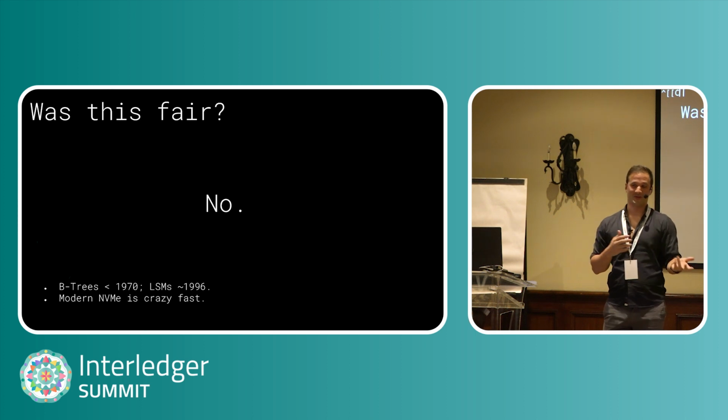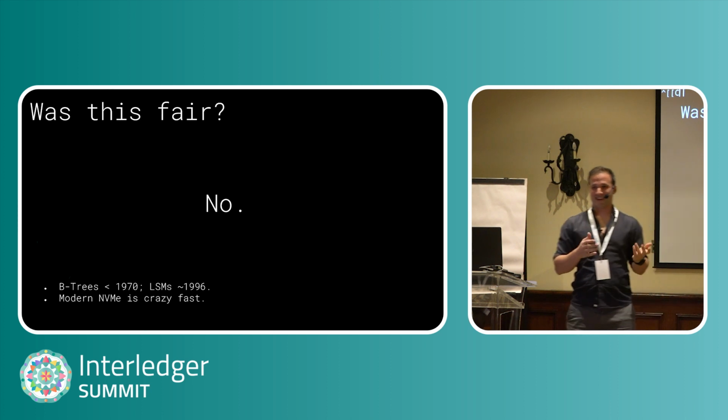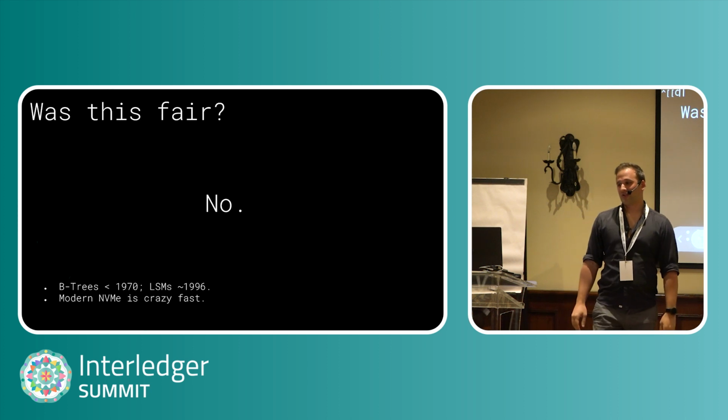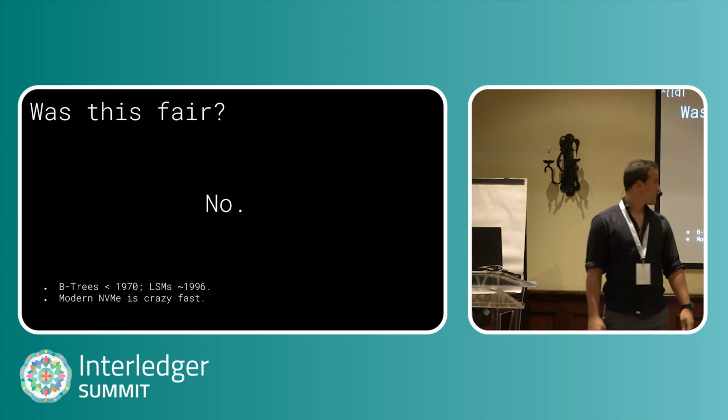So, was this comparison fair? Who thinks it was fair? Who thinks it was unfair? Yeah. So it was loaded for Postgres operationally, but actually TigerBeetle had the advantage here. B-trees, which is one of the core components of Postgres, were invented before 1970.